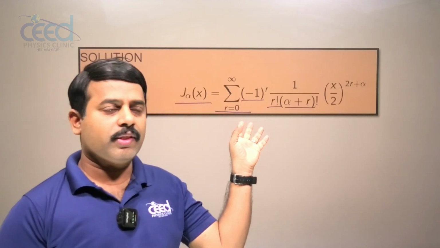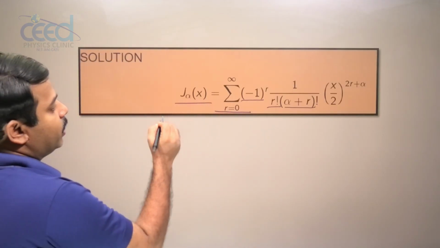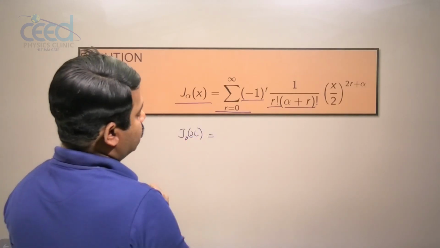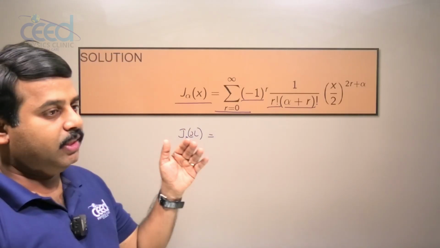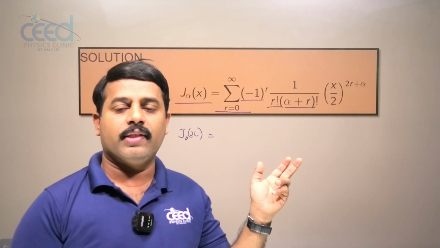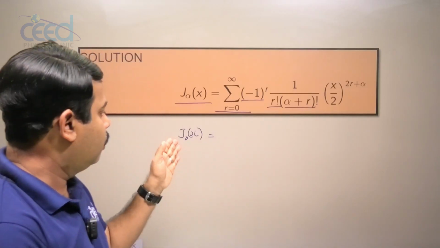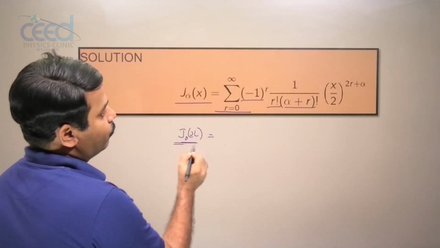From this we can find J0 of x. The first Bessel functions J0, J1, J2 you need to know by heart. Let us solve for J0 of x.